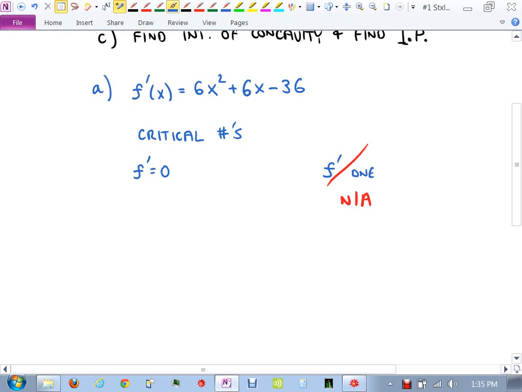What about setting it to 0? So that's a quadratic equation. I'm just going to factor 6. Well, I'll divide everything by 6. How about that? Divide both sides by 6.